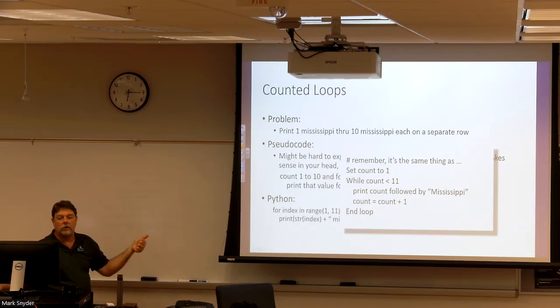So I set my initial condition, count as 1. While count is less than 11, I've checked for my end condition. I do the work. I modify my loop condition. I add 1 to count, and then I end the loop. So they do the exact same thing.